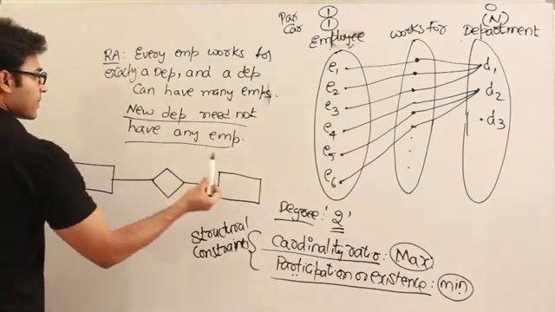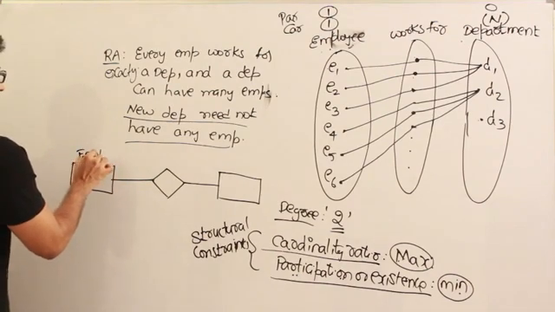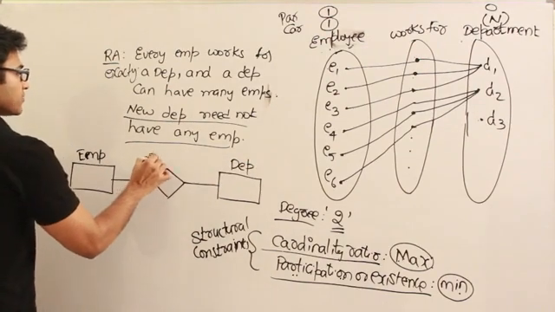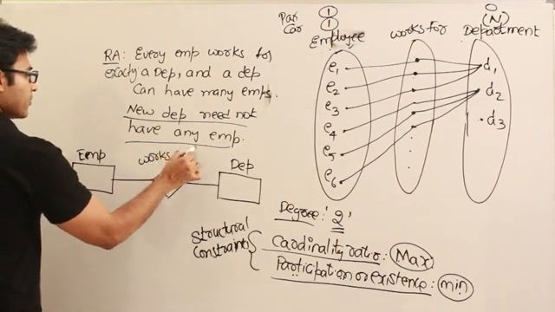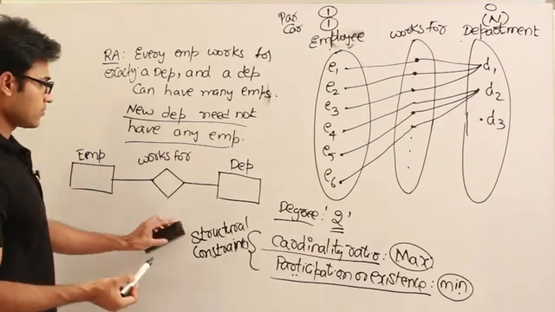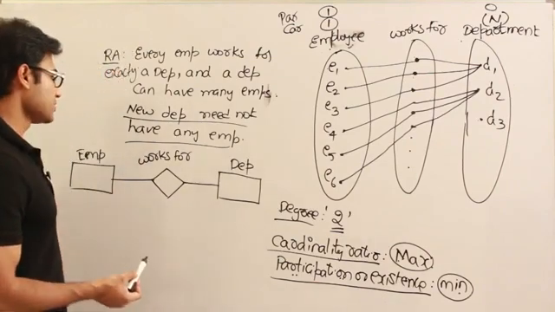So let us say this is the employee entity type, this is the department entity type, and this is the works for relation. This is one popular way, and in most cases we are going to represent it this way.